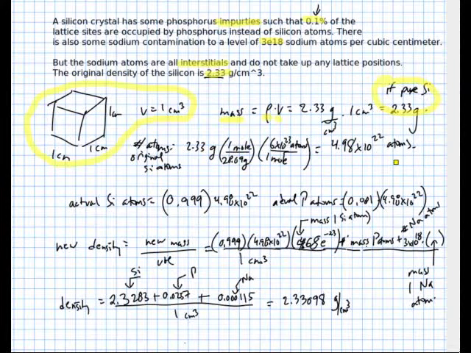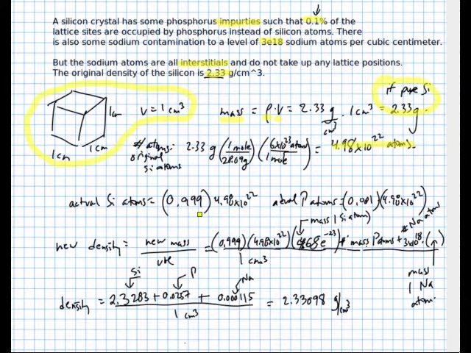Then, since we know the mass, we can figure out how many silicon atoms were in that sample. And you've all done problems like that from week 1, so we figure out that it's about 5 times 10 to the 22nd atoms.